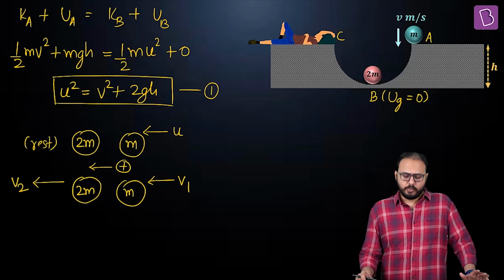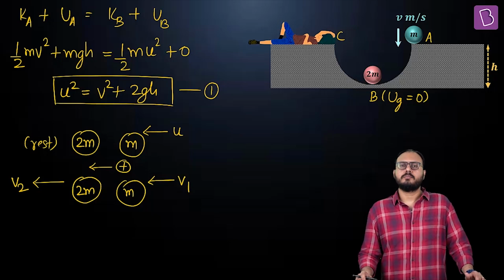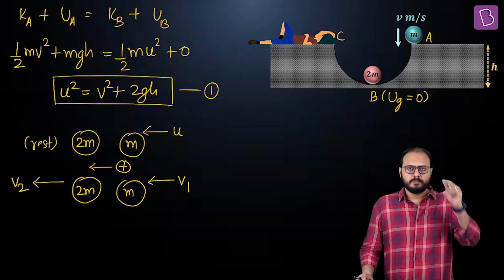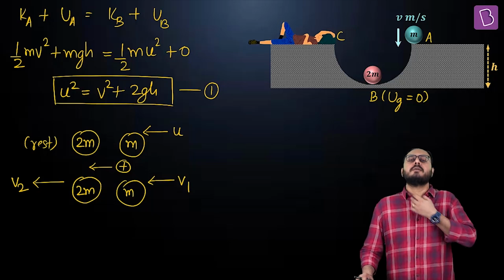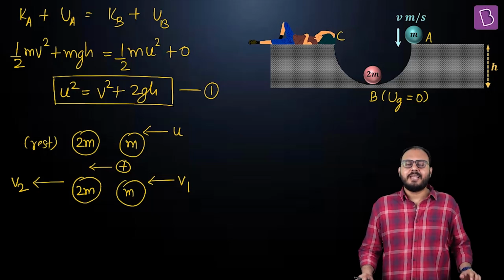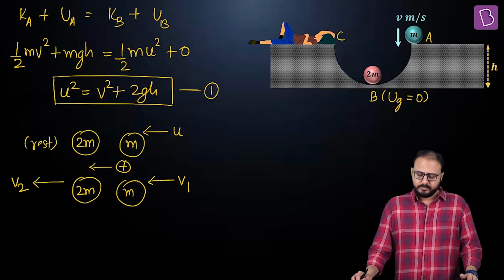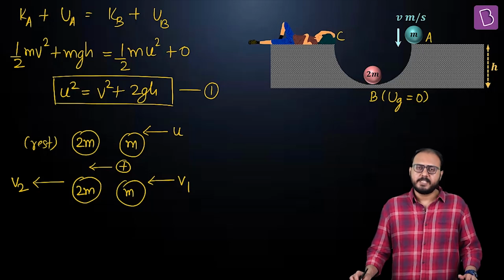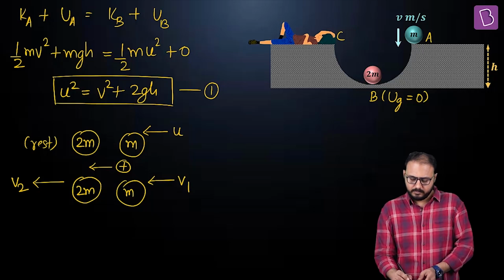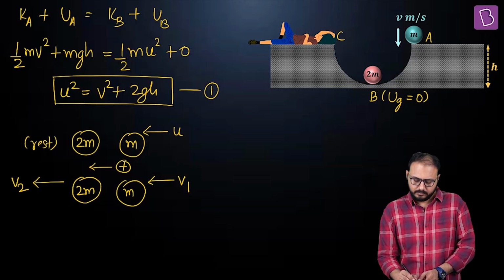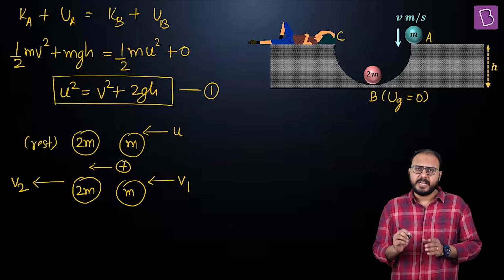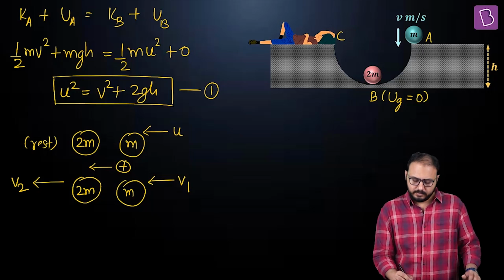How will I solve? Two equations: momentum conservation and e equal to V separation upon V approach, which is equal to 1 in this case. Left side is positive. I am writing the equation down. You don't need to look at the screen.